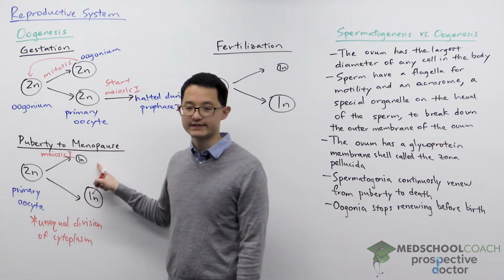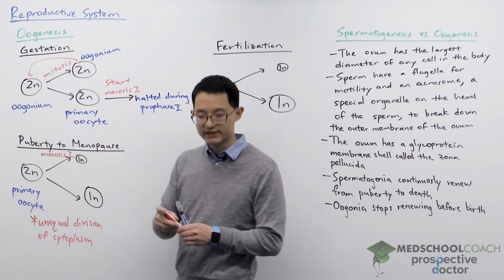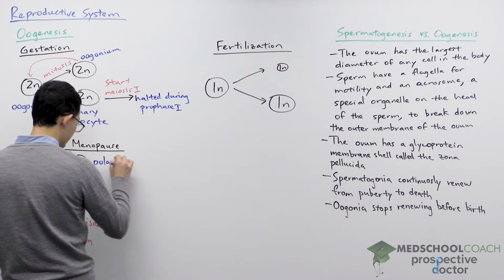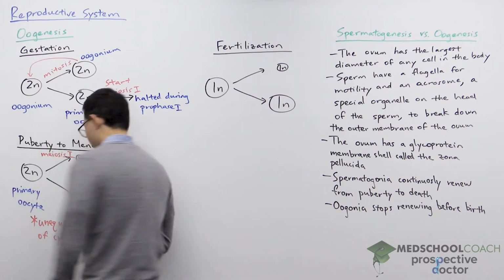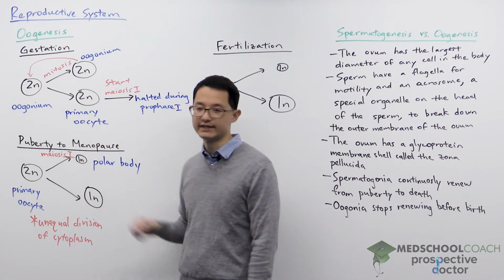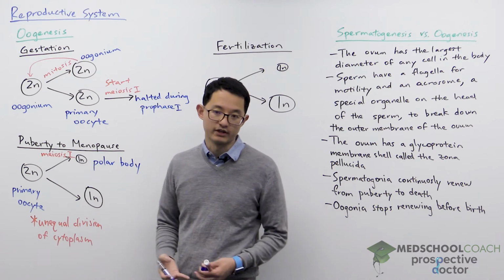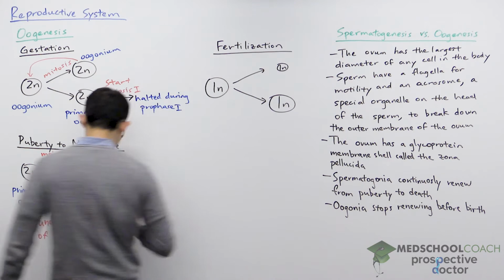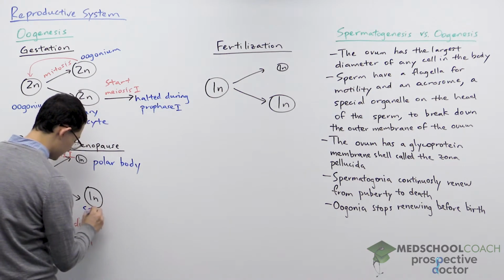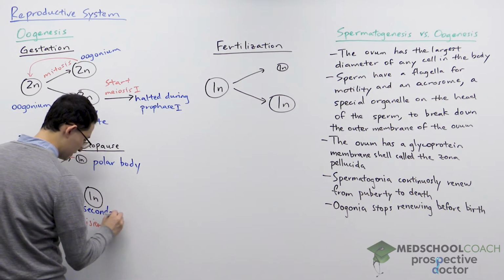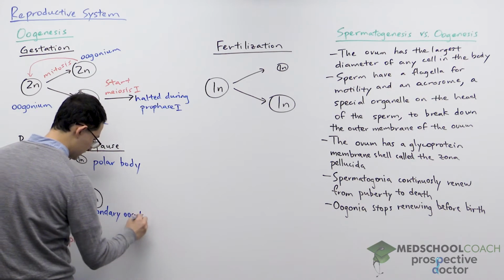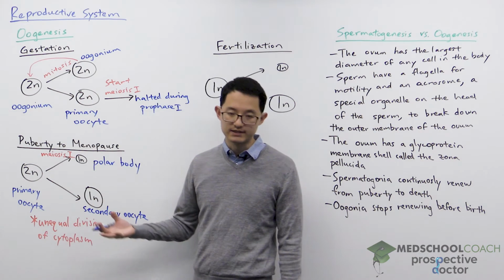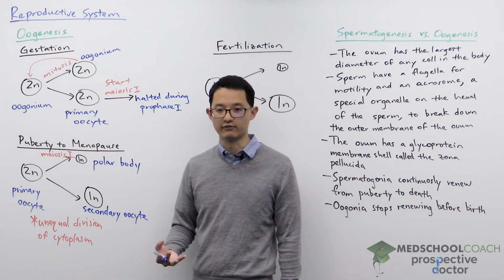On the top here, you can see that we have a very small cell. This very small cell is called the polar body. The polar body is essentially just a packet of DNA. It's just going to be discarded. The other cell, which is also haploid, is the secondary oocyte. The secondary oocyte is the one that is capable of continuing meiosis 2 to form the ovum.